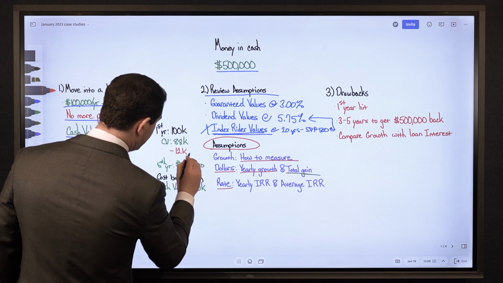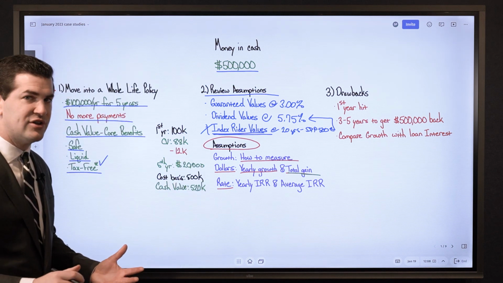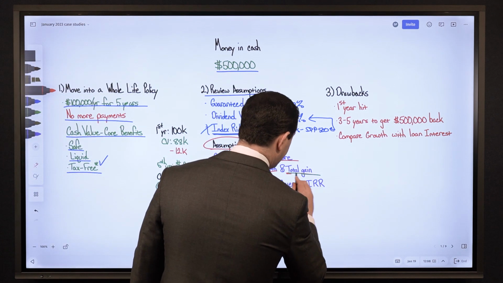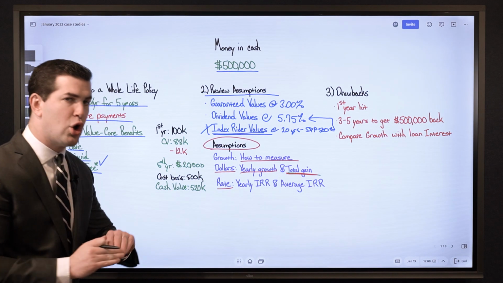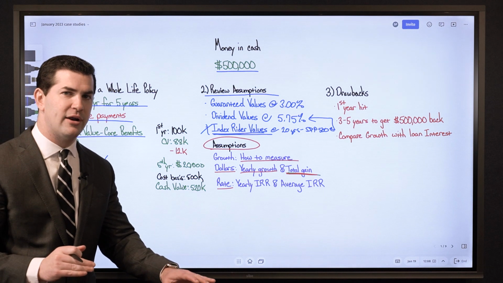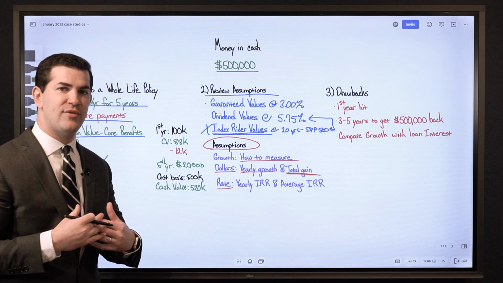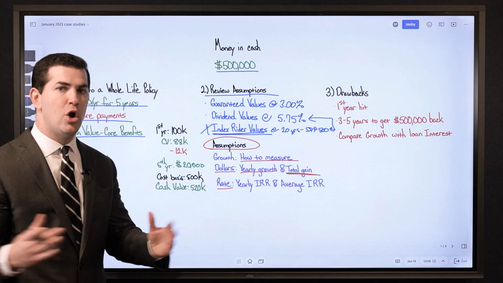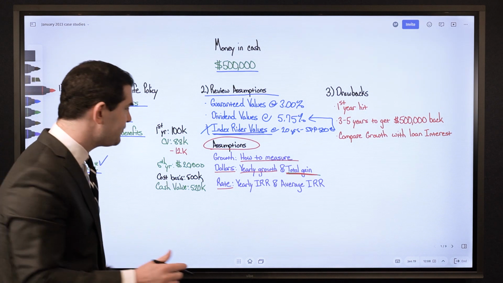Negative $12,000. Because we have less in cash value than what we paid into the product. So in looking at the total gain, what we look at there is what's the total dollar amount I've paid into the product, what do I have in cash value, and how much more or less do I have in cash value when I compare it with my total payments.